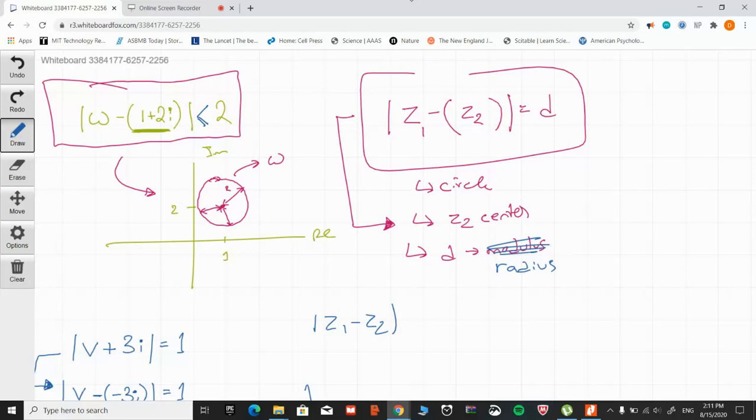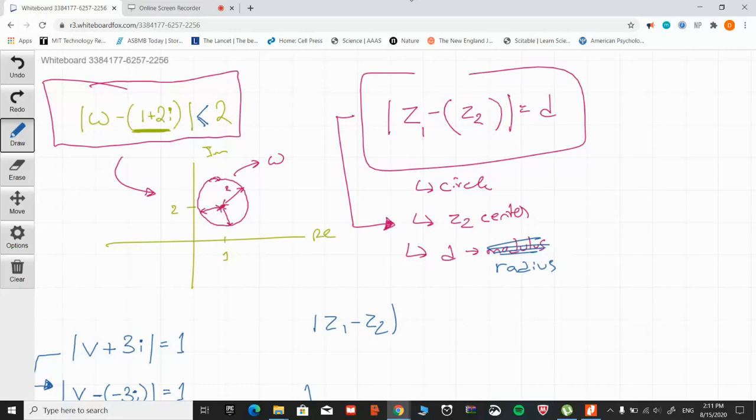Well, it's not very complicated, it's actually very simple. In this case, what they're essentially saying is w is in such a position that it is less than 2 units away from 1 plus 2i.